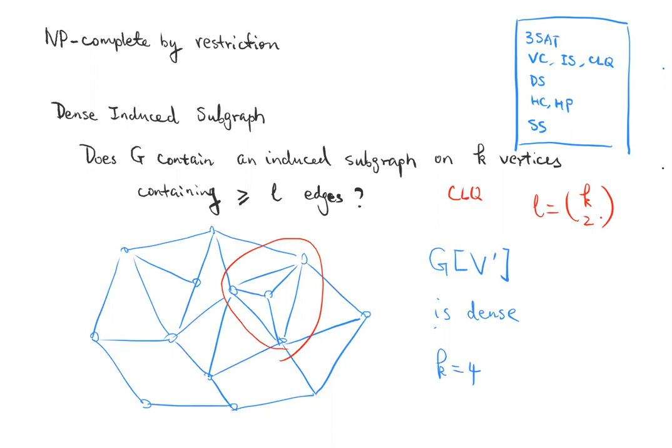Very often when you want to use this method to prove NP completeness, the value we set for these parameters is typically an extremal value: maximum or minimum, or a value in the boundary. By setting it to the boundary value, we get an NP-complete problem. So in this case, by setting L equal to K choose 2, we get clique. Okay, so it's quite easy.